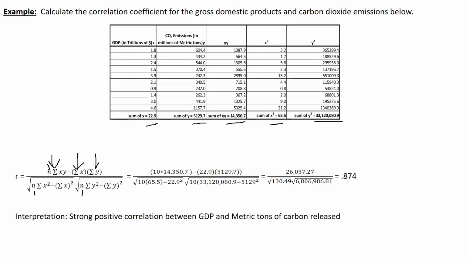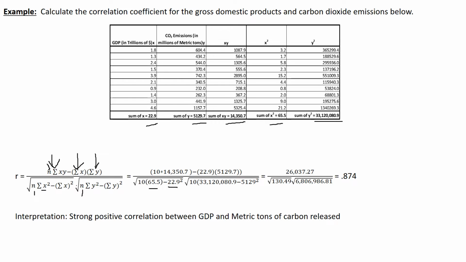And then it's the sum of x squared, which is right here, 65.5, minus the sum of x, which is 22.9, squared. So 10 times 65.5 minus 22.9 squared gives us 130.49.